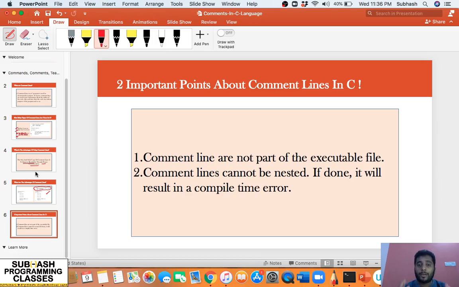Any code which does not maintain proper documentation is written by a poor programmer who is not professional at it. So if you want to be a professional programmer, try to improve code readability by maintaining proper documentation. Having said that, I hope you learned many things about comment lines.